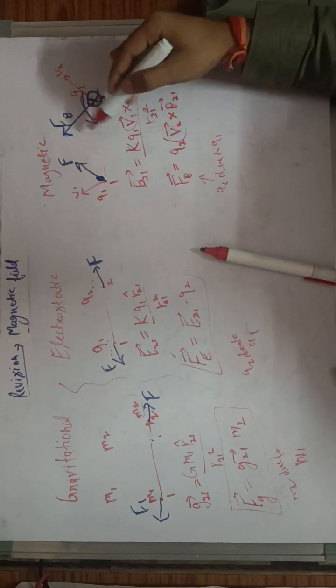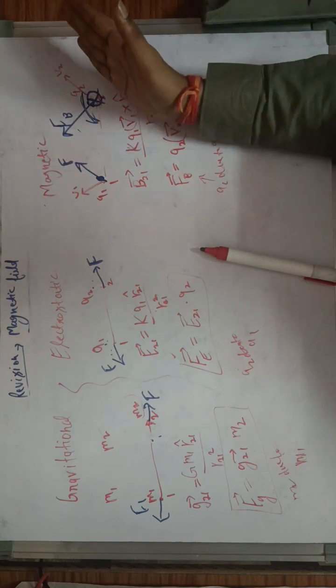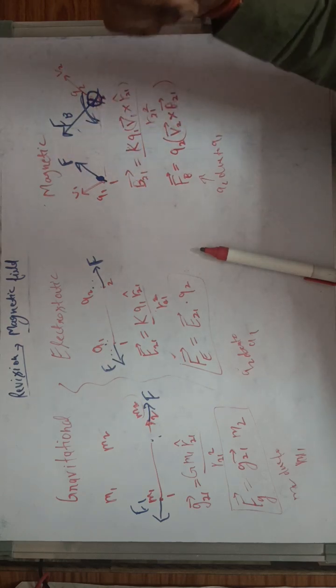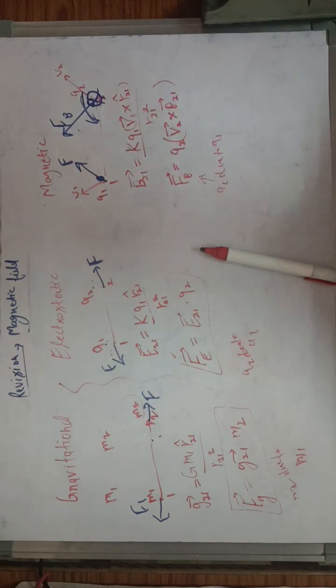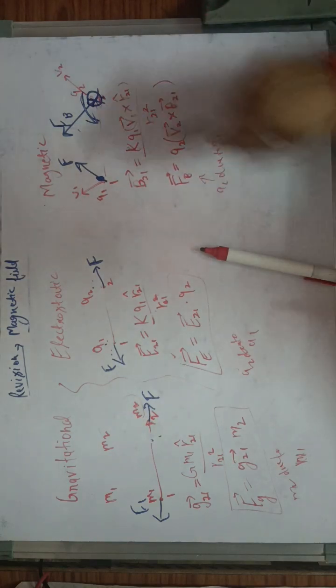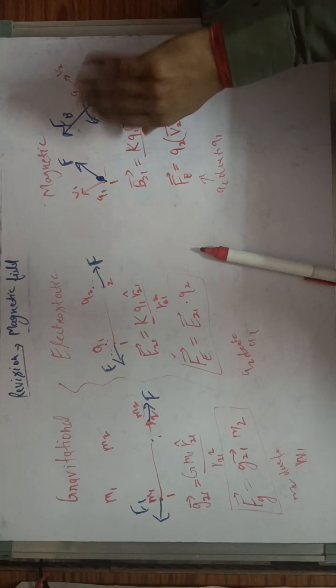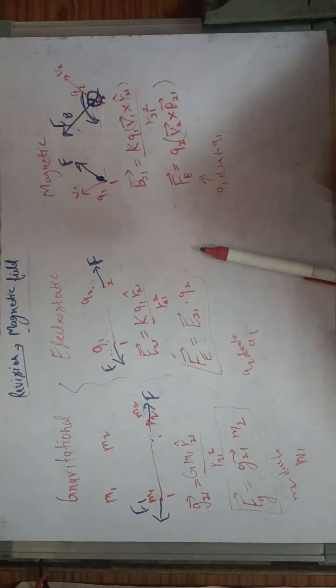This is the smaller angle, so we will take the cross in this way, not in this way. So v2 cross r is taken this way, and the magnetic field is upward. So v cross r will give the force in this direction, and on this charge the field is downward, and v2 cross this will give the force.